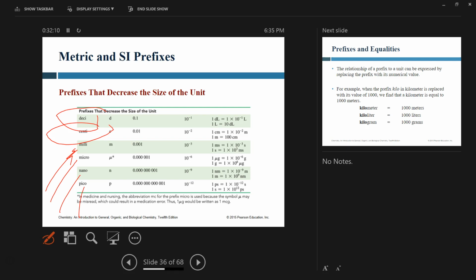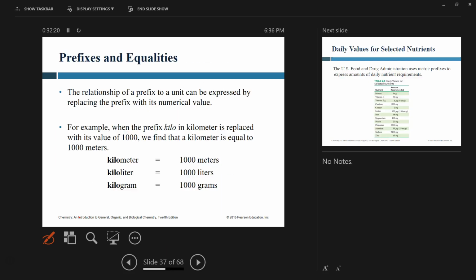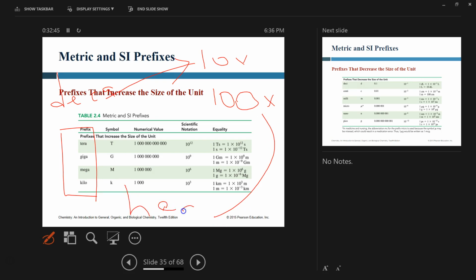Some of you may have noticed we never talked about the prefixes for 10x or 100x. Let me go back for a second. 10x is deca, and 100x is hecto.